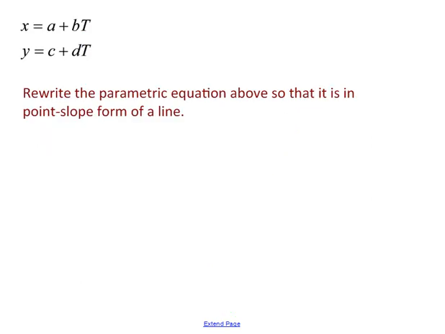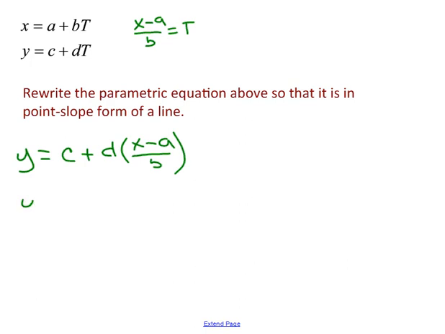If we look in general, rewrite the parametric equation above so it's in the point-slope form of a line. Again, if I think about solving x for t, I'm going to do x minus a over b is t, and then my equation for y is c plus d times x minus a over b, which is the same as d over b times x minus a.